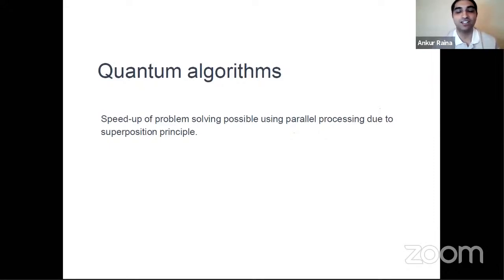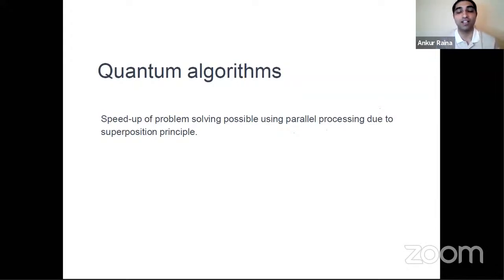In the current literature, they want to speed up whatever classical problems there are. They want to find a quantum solution, and ask whether you can speed up in terms of computational complexity.